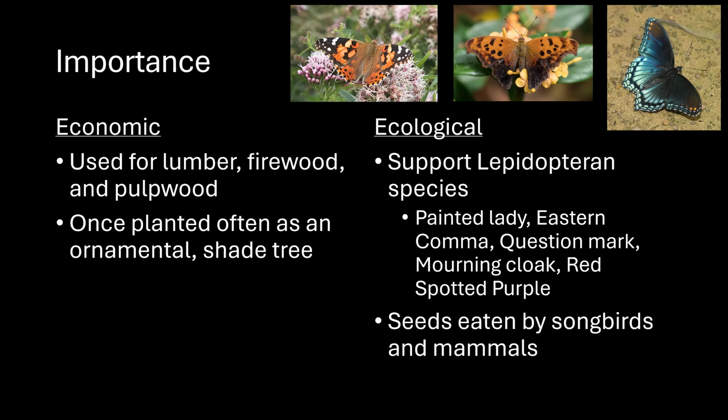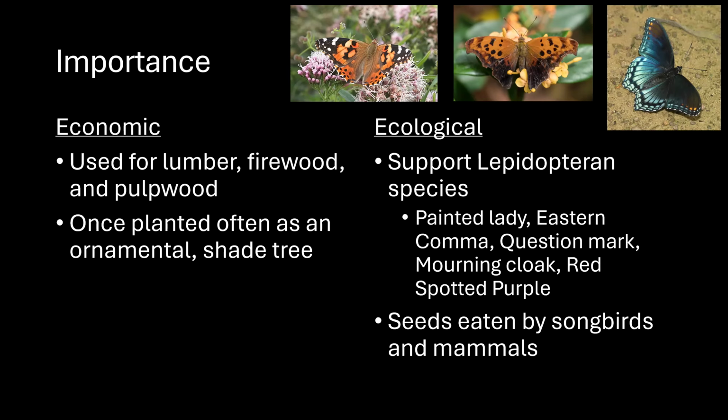Now, from an ecological standpoint, as you probably figured from some of the other trees that we talked about, they support a wide range of Lepidopteran species. So your moths and butterflies, they're serving as the larval host plant for quite a few different types of caterpillar species.